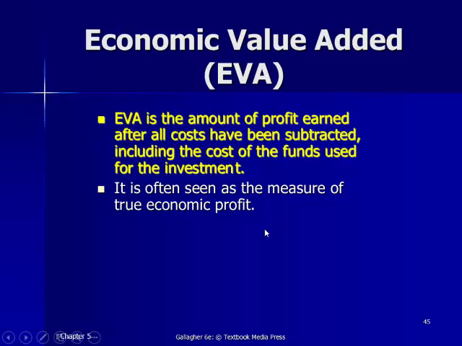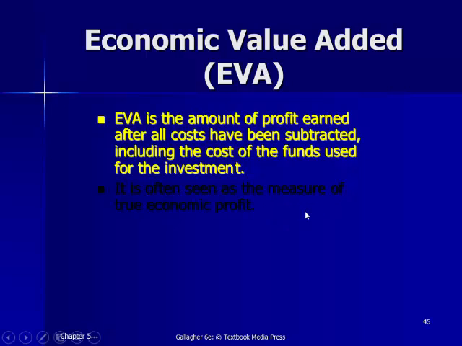So equity has a cost, and so that cost gets factored into the EVA computation. And so we're going to look at this a little bit later in the course. But for now, we can simply say that the cost of all the funds is of concern to the firm.